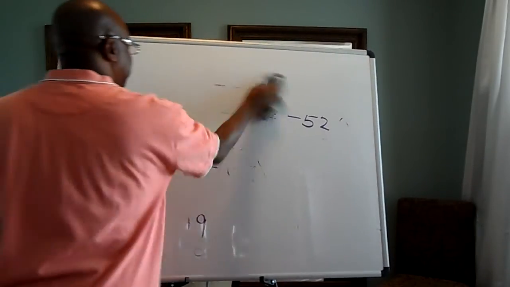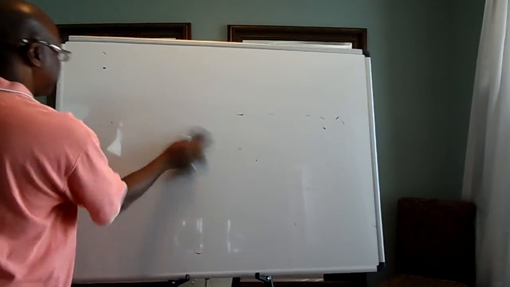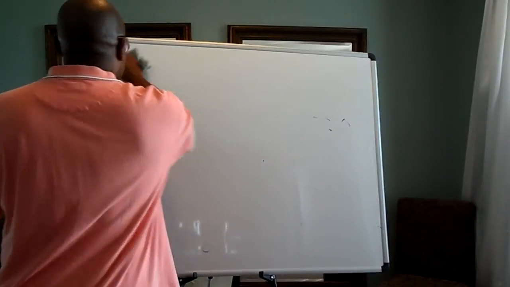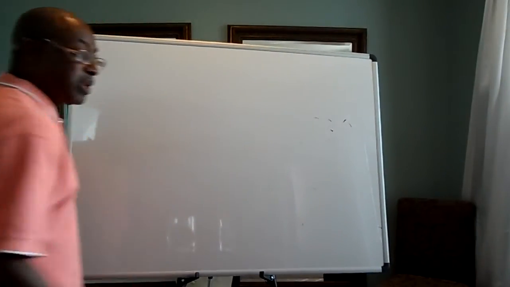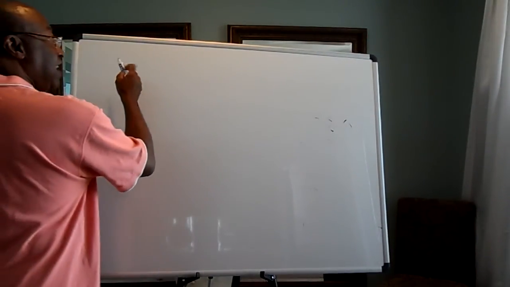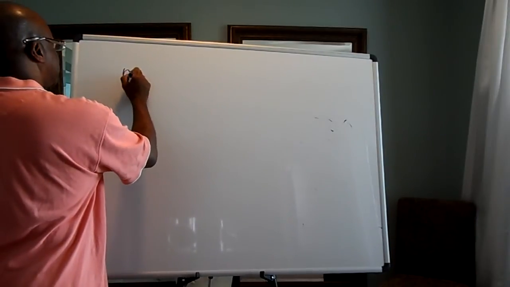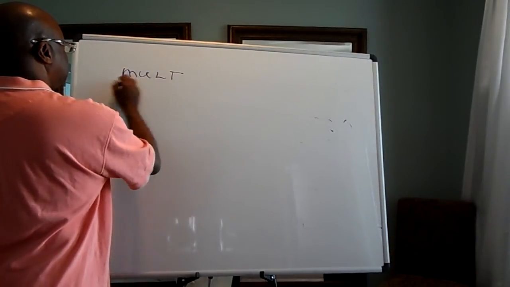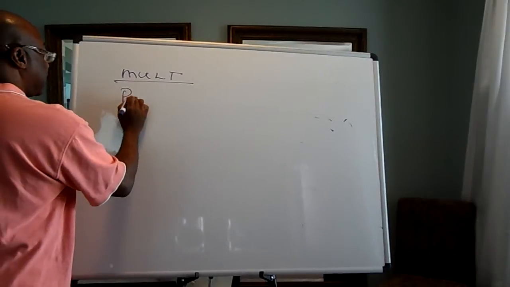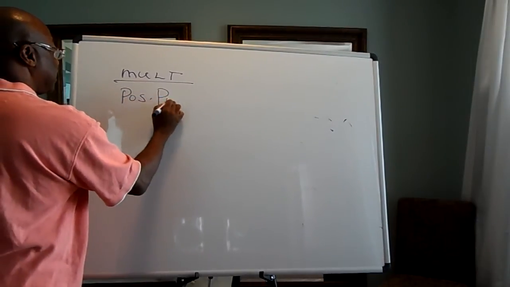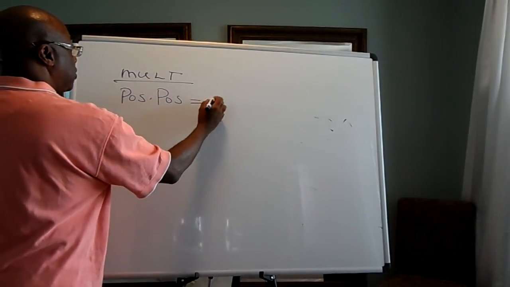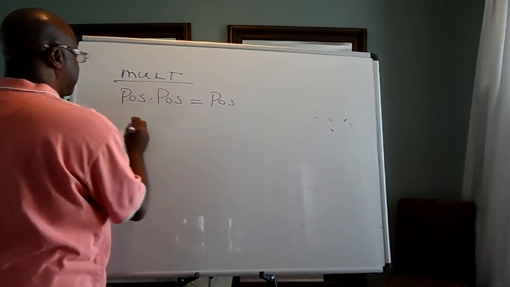All right. Very good. So that takes care of subtraction. Now I want to share something with you regarding multiplication and division. So I'll write the rules down briefly for multiplication. Multiplication rules. A positive times a positive is equal to a what? Positive number.